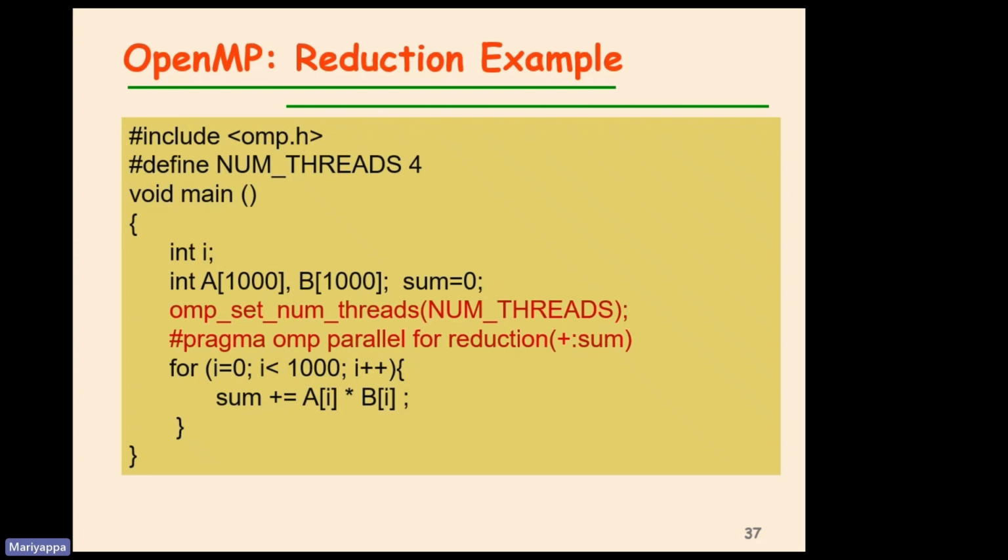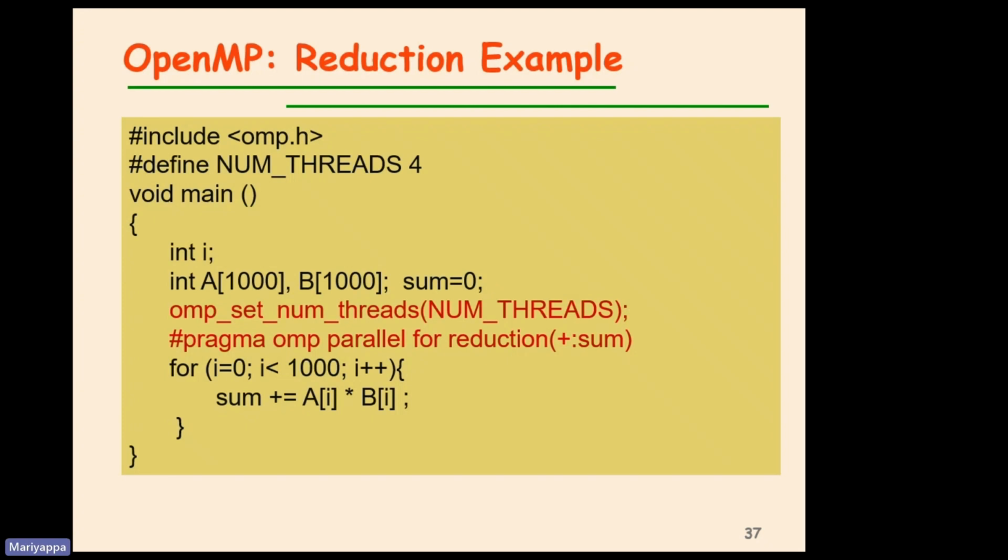And then subsequently, there is a piece of code that you don't see here, but when you compile it, that code gets added, where these private sums are added together to give you the global sum. The private sums are added together by one single thread or atomically. So by using this reduction operation, you don't have to worry about the synchronization. You don't have to worry about many things. It automatically does it.